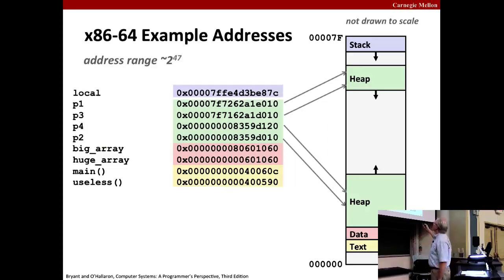And what you'll see is the stack, this local variable, is somewhere up with an address in the range of the stack, where you see the 7 and a couple of Fs, and then it goes to something else. And you'll also see, looking down at the bottom, this yellow color is the text segment: the main function and this function I declared called useless.